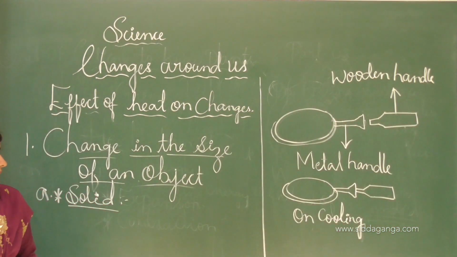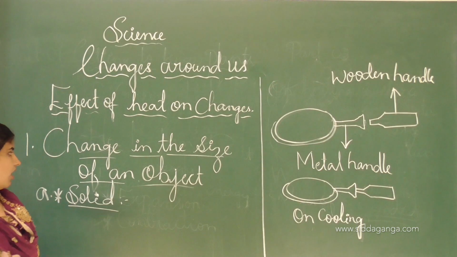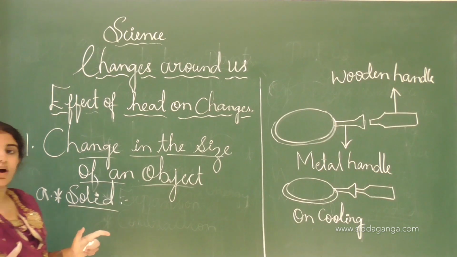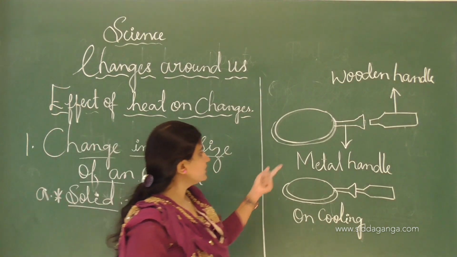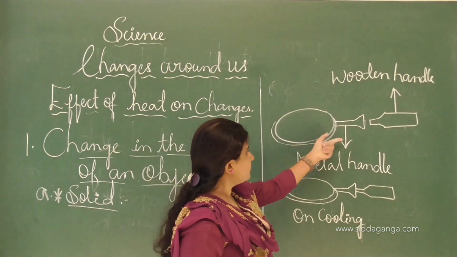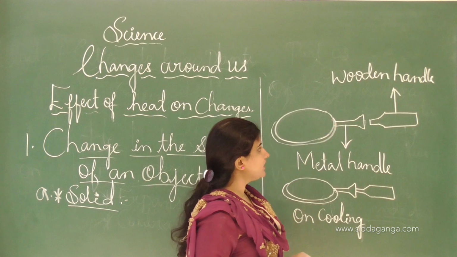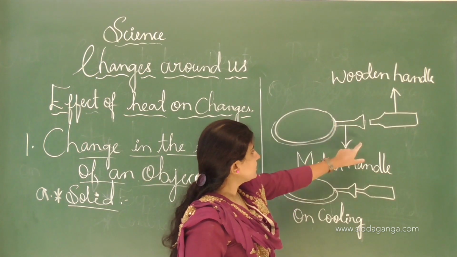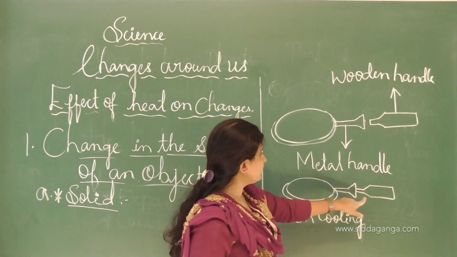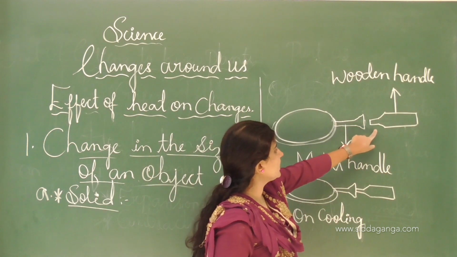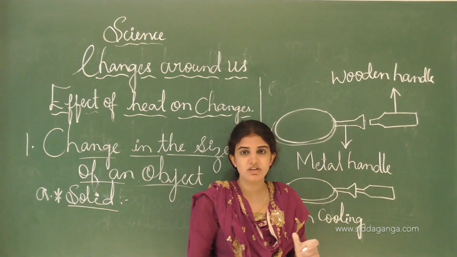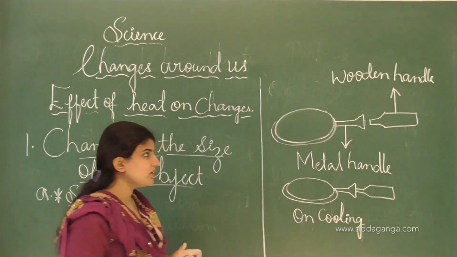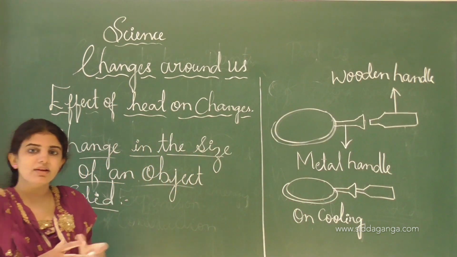This is one example of a change in size on heating as well as on cooling. On heating, the metal handle expands, and later we fix this wooden handle into the metal handle. On cooling, it comes back to the original size, so that the metal handle holds the wooden handle completely.